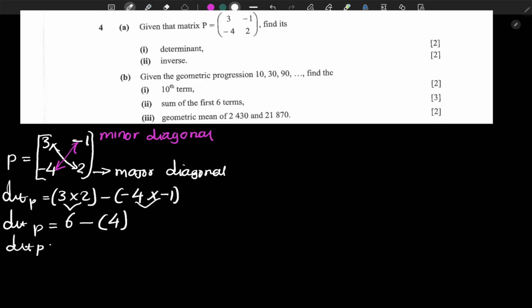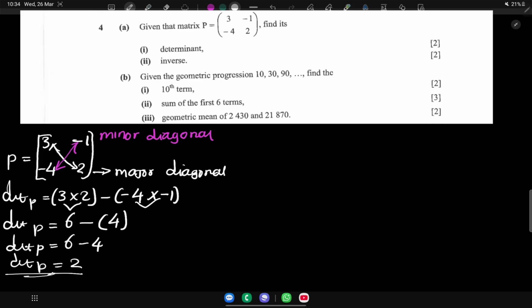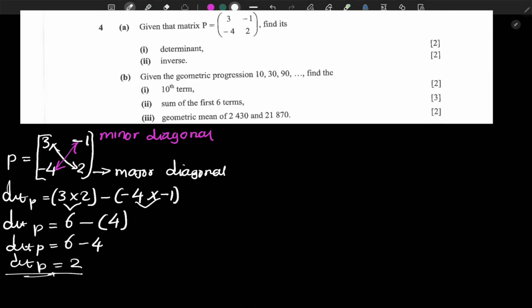Then determinant of P is equal to 6 minus 4, which is our determinant of P is just equal to 2. So this is our final answer for Roman number 1.